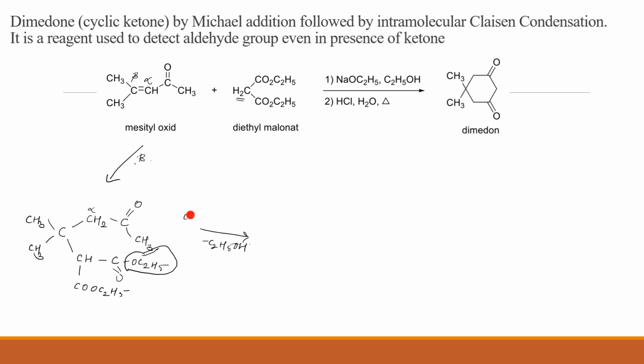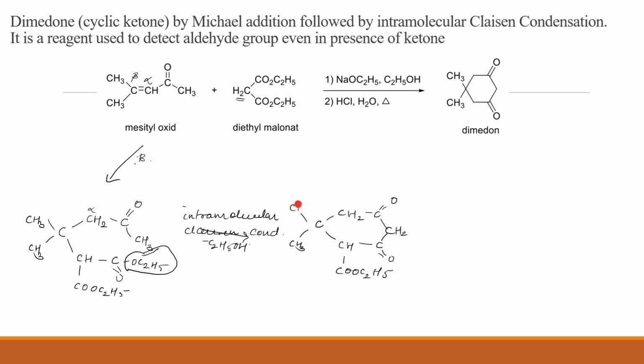This is your intramolecular Claisen condensation reaction. Sorry for that, Claisen condensation. So here you have CH2 C double bond O. Now we are getting the cyclic structure, so we are heading towards that cyclic structure. And this is your C double bond O, and the bond formation will take place over here. This was CH2 left over here, and this is your CH3, CH3.